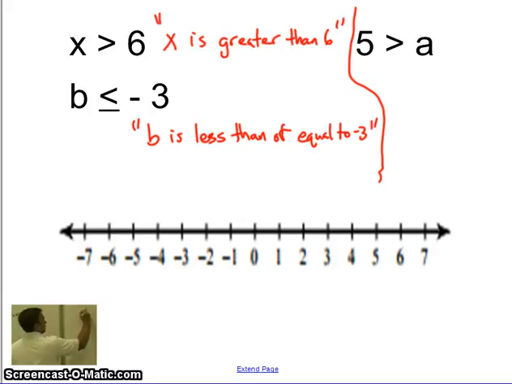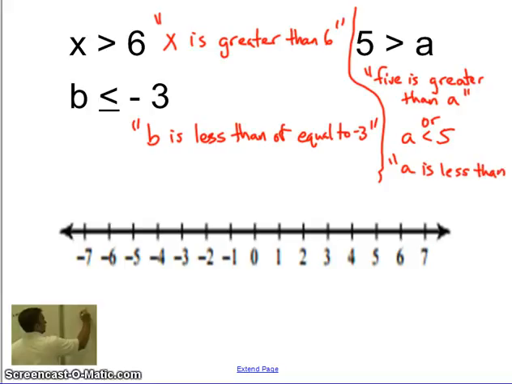We could say that 5 is greater than A, or we could flip it around, including the inequality sign, and say that A is less than 5. Similar to these, we could also flip these around too.